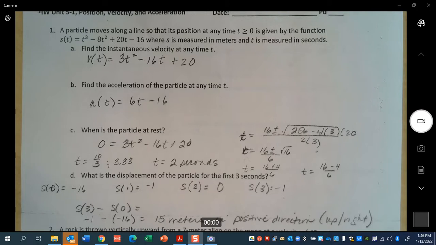So my velocity, and remember when we talked about the ball going up and down, when that ball leaves my hand, its speed is as great as it's going to be. It loses its speed as it goes up, and then once it changes direction, it starts to build speed again. So speed is the absolute value of velocity. Velocity tells me when things are moving in a positive or negative direction.